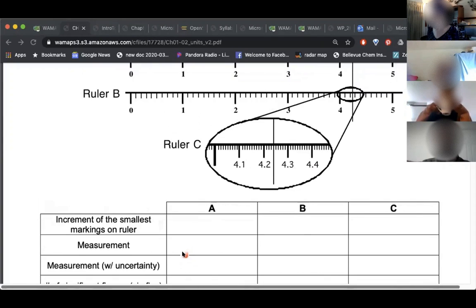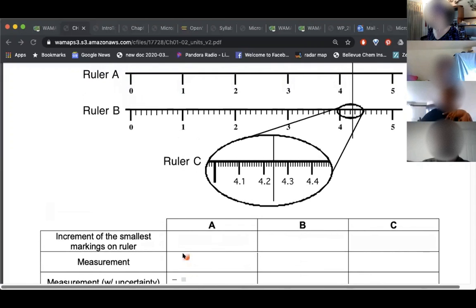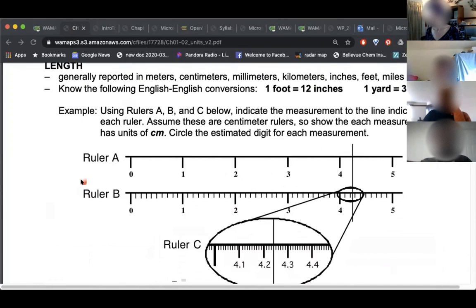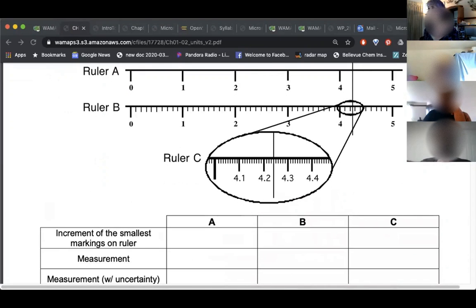All right, so I'll keep this up on screen, ruler A. And feel free to write answers in the chat box. Right, so the increments on the smallest, these are a centimeter ruler. We're just going to assume these are all centimeters. Right, so always write your number with a unit. The increments on here are 1 centimeter. Right, the distance between the lines.